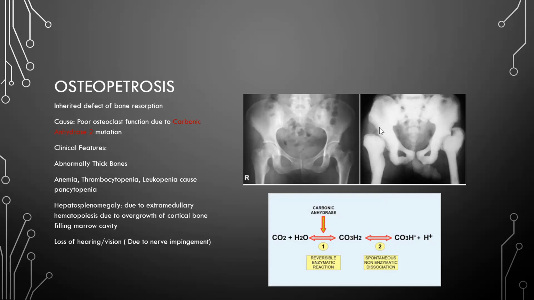You get hepatosplenomegaly because then you're forced to perform extramedullary hematopoiesis since the cortical bone is filling in your marrow cavity. And then you'll also get hearing or vision loss because these bones are growing out and they can pinch nerves.